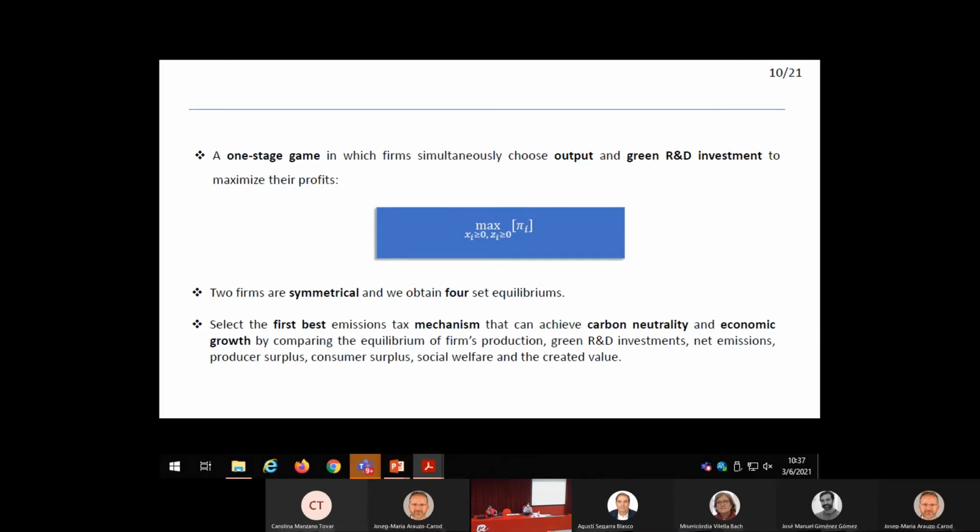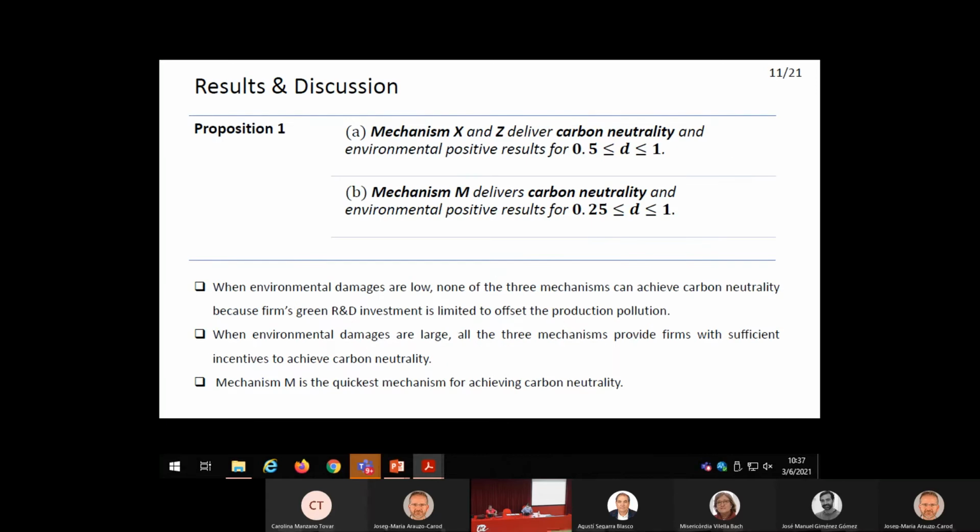As I mentioned, our objective is to select the first best emission tax mechanism that can achieve carbon neutrality and economic growth by comparing the equilibriums of firms' production, net emissions, green R&D investment, producer surplus, consumer surplus, social welfare, and the created value. Then let's have a look at our result.